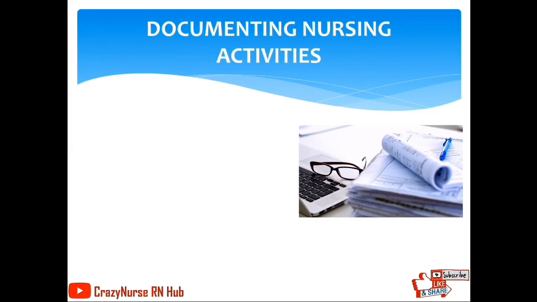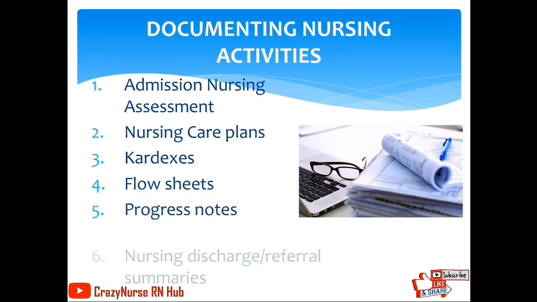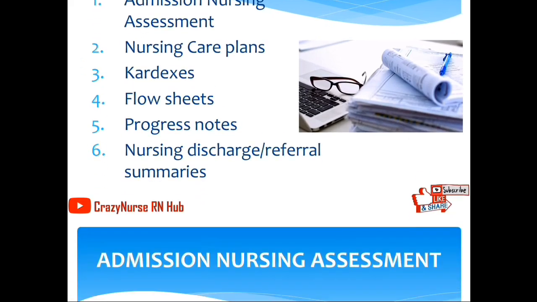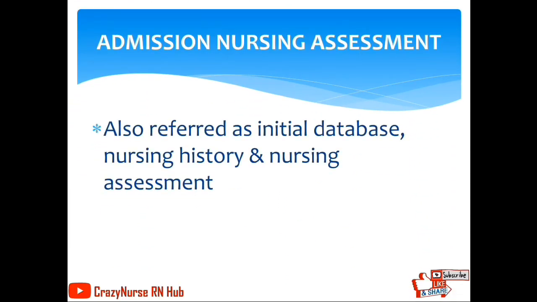So we have to document the admission nursing assessment, nursing care plans, cardexes, flow sheets, progress notes, and nursing discharge or referral summaries. The admission nursing assessment is also referred to as the initial database, nursing history, and nursing assessment. It is completed when the client is admitted to the nursing unit.